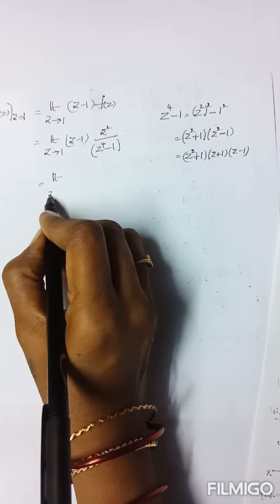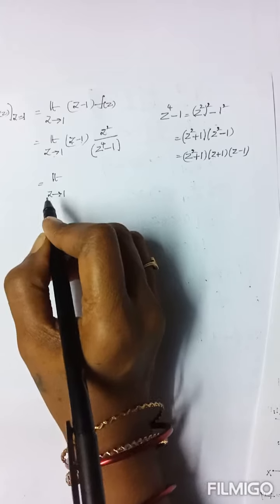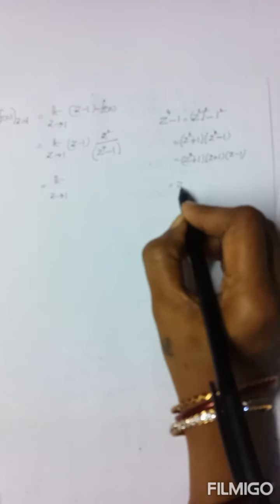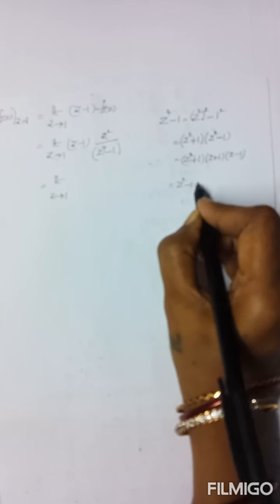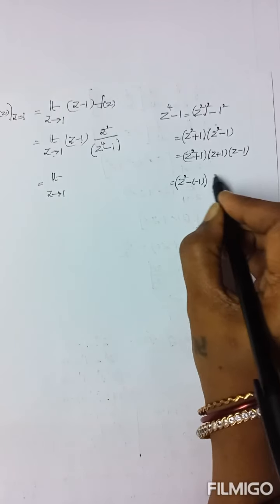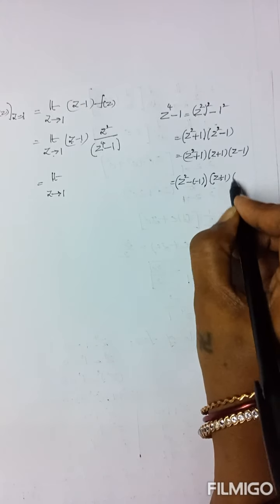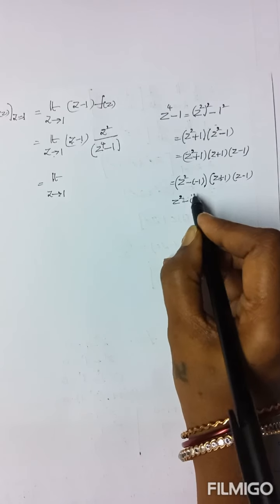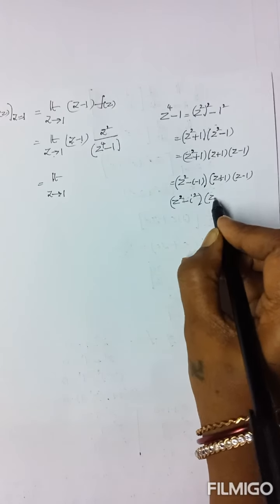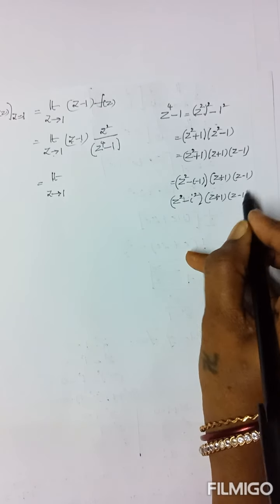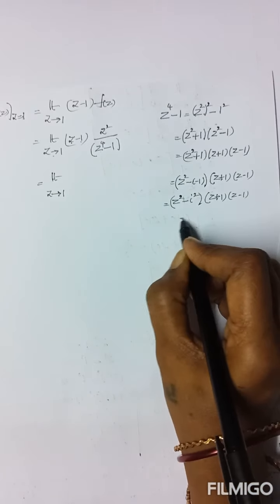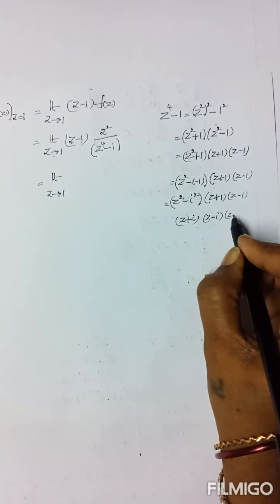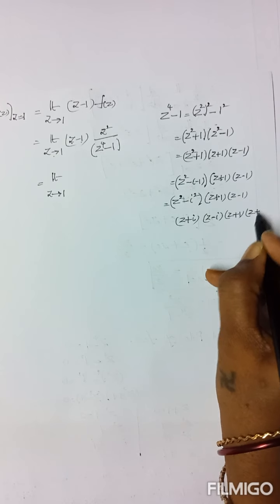The limit of z tends to 1. We can still write z square plus 1 also as z square minus of minus 1, which is z square minus i square, so z plus i into z minus i. And z square minus 1 is z plus 1 into z minus 1.